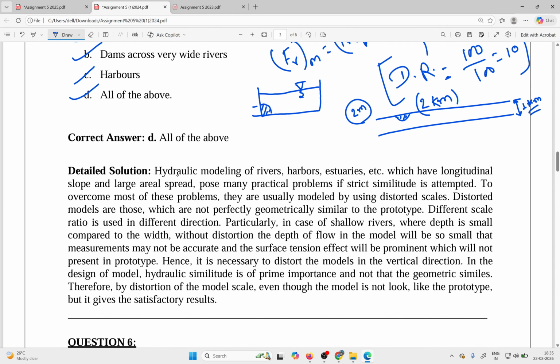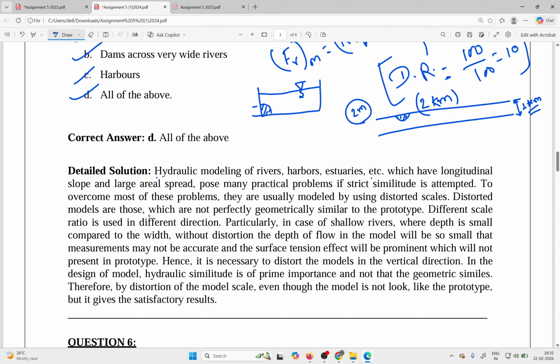Here it is very clearly explained. Let me read. Hydraulic modeling of rivers, harbors, estuaries, etc., which have a longitudinal slope and large areal spread, pose many problems if strict similitude is attempted. To overcome most of these problems, they are usually modeled using distorted scales.